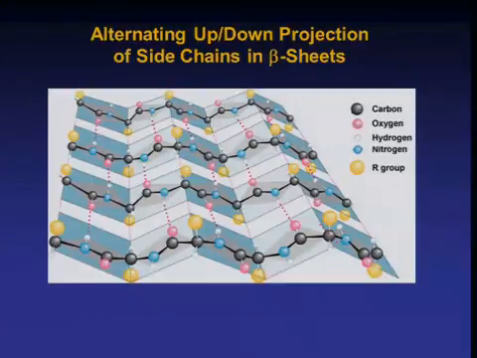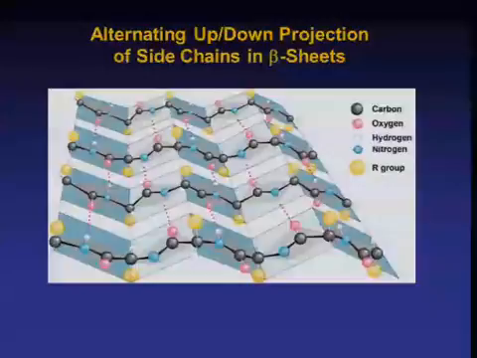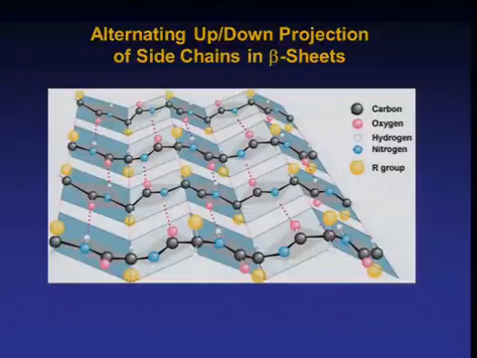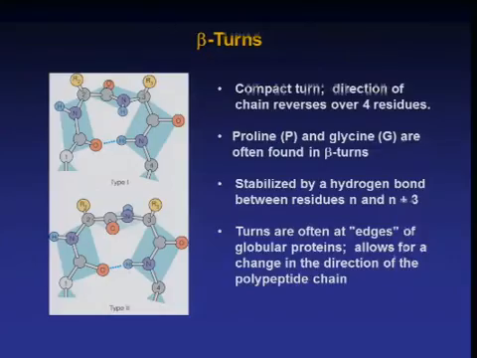Then you've got another sheet from a different part of the protein where everybody on this side of the sheet is hydrophobic, everybody on the underside is hydrophilic, and those two sheets will come together. Okay? We'll see an example of that with a structural protein. But again, it's all structure dictating function and functional interactions.